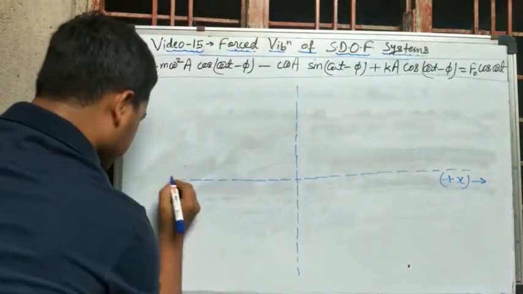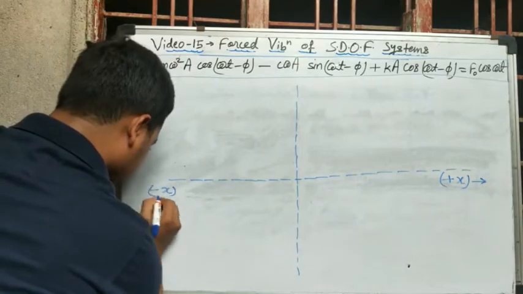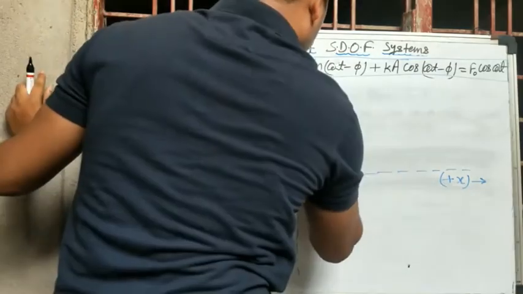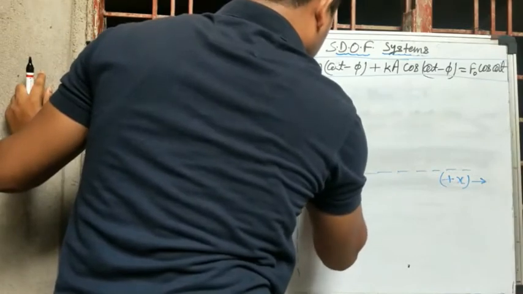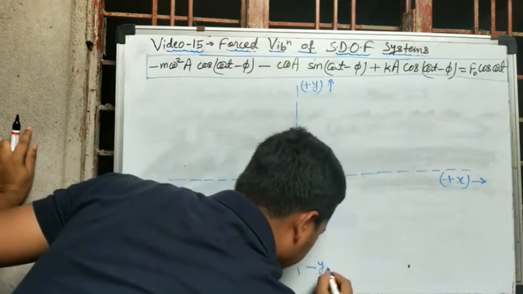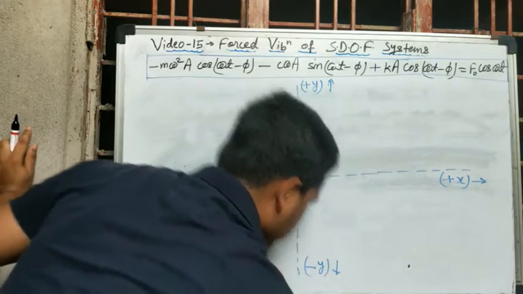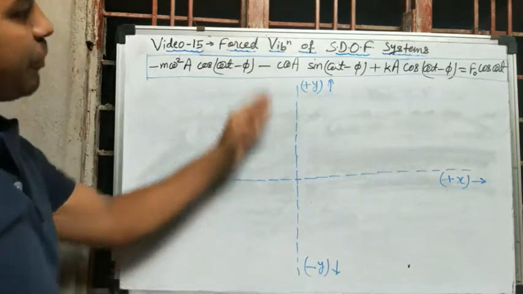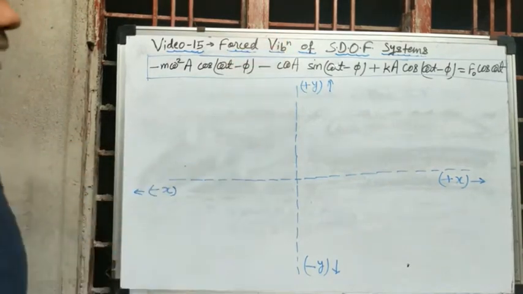This side is negative x side. This side is positive y side upwards, and this side is negative y side downwards. Right hand side is positive x, left hand side is negative x. Upward is positive y, downward is negative y.